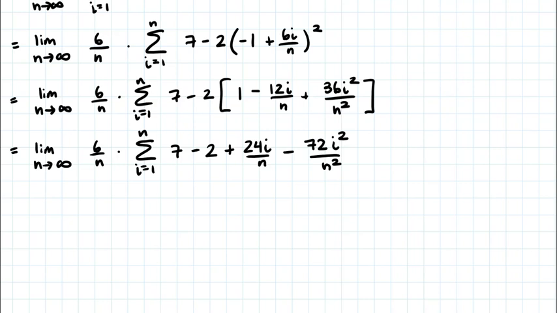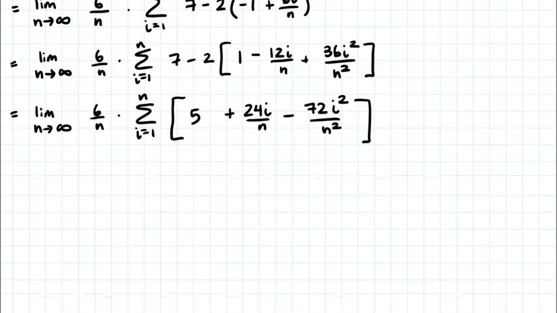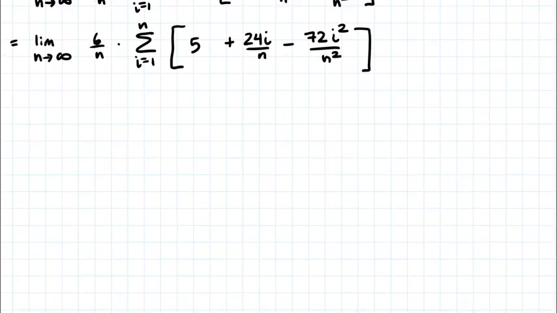And notice we have our constant term here, 7 minus 2. I'm just going to simplify that to be 5. Now that we have simplified the inside of our summation, we can use these summation formulas from our theorem to expand this into multiple summations.